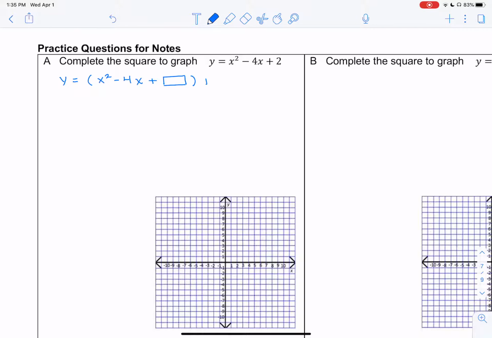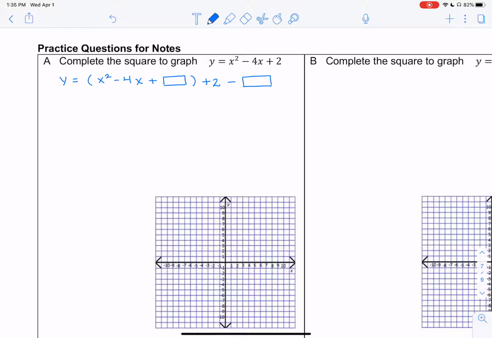I still have my plus 2 brought down, and this time I'm going to say minus that magic box. Notice that we have them both on the same right side of the equal sign, and that's why we have a plus and a minus in order for those to cancel each other out.